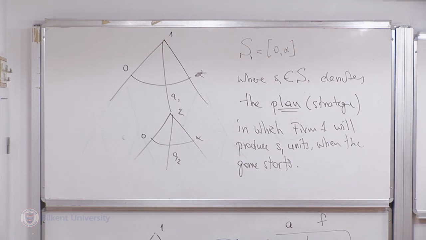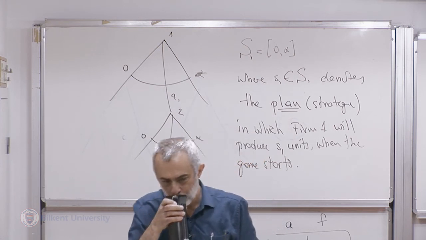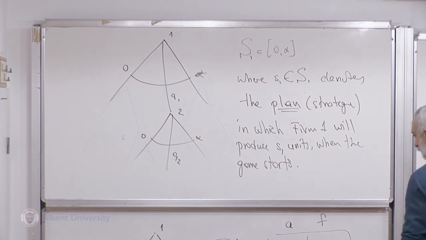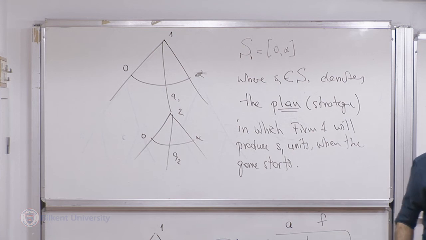So take an element from that set, S2, which will consist of a pair. What does that plan of action tell you? The first element tells what to act, and the second tells what you plan to do, given the player. Okay, that's good.